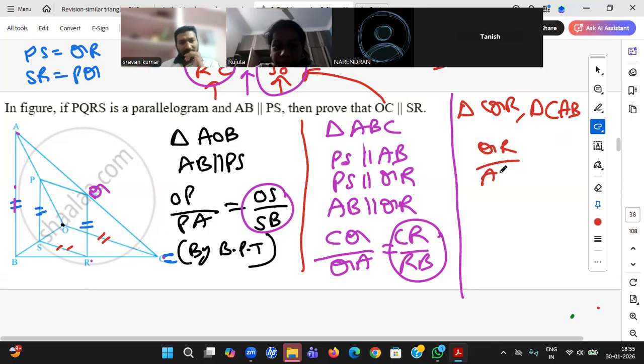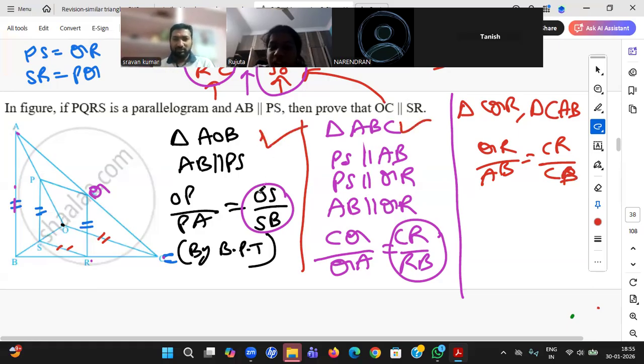QR by AB equal to CR by CB. And PS is equal to QR, so PS by AB instead of QR. You did not use these two steps at all. No, I did the first step, but the second step, acha, you took a different triangle.